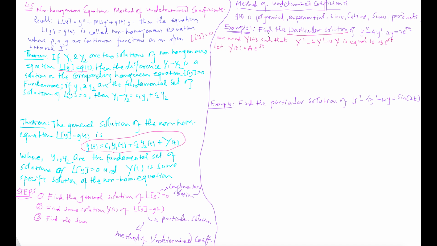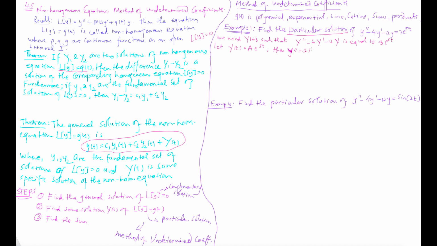And then we will try to find y double prime and y prime, plug them in here, and then solve for a. Okay, so what is y double prime? The first derivative will be 5a e to the 5t, the second will be 25a, right?